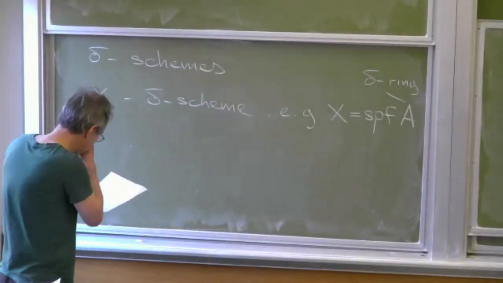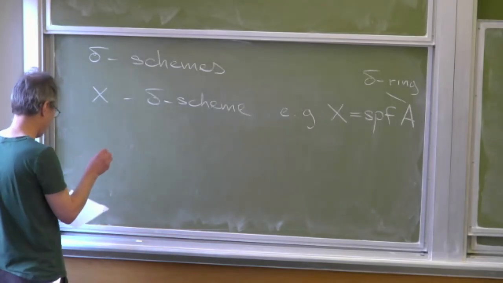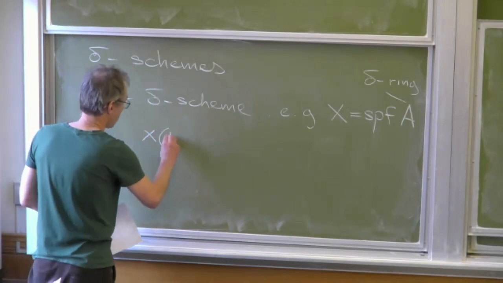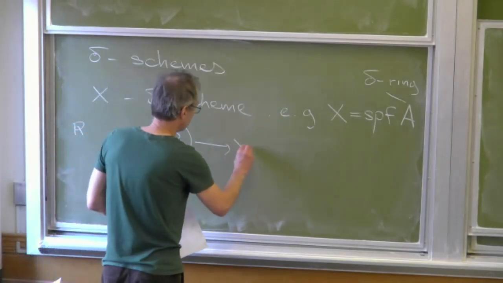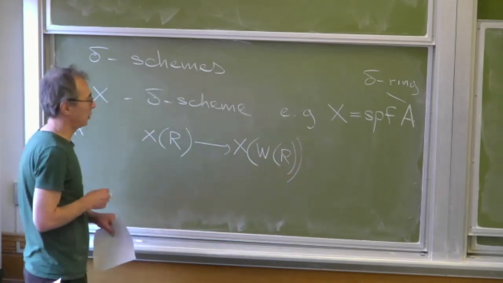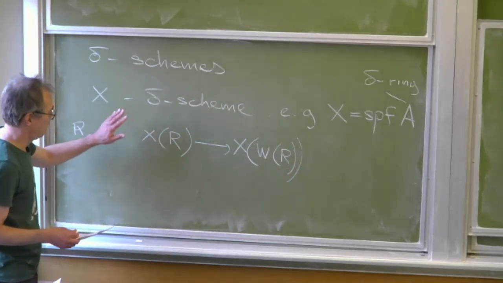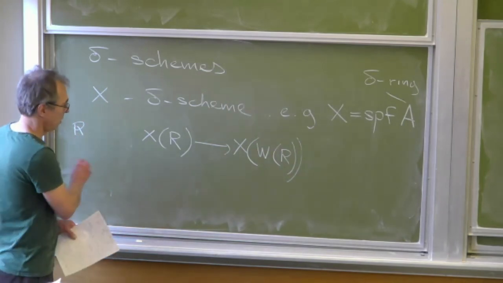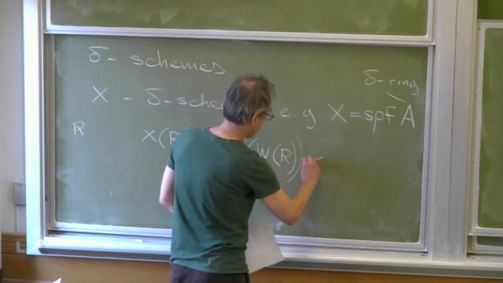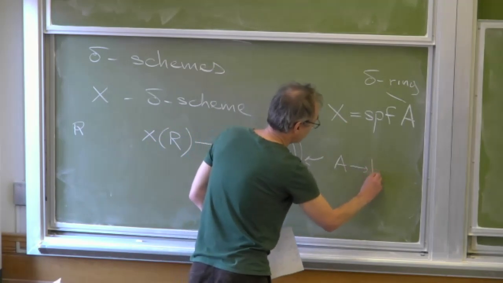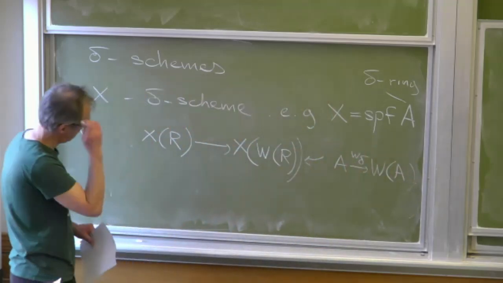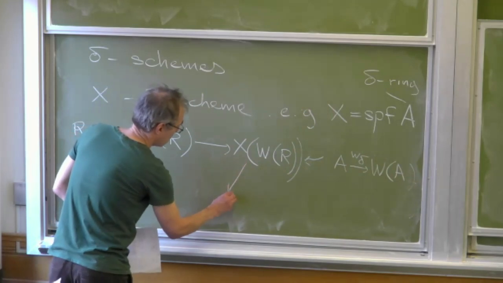So then for every R, we have a canonical map from R points of X to points of X with values in W. For instance, if X is affine, then this comes from the map from A to W, which is given by the delta structure.